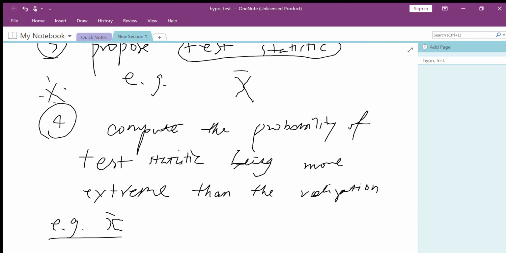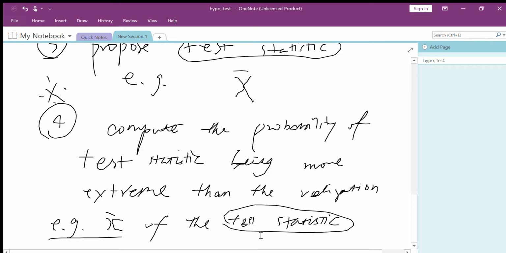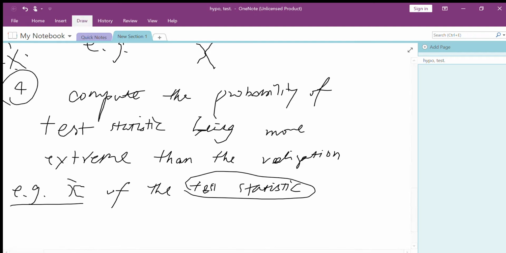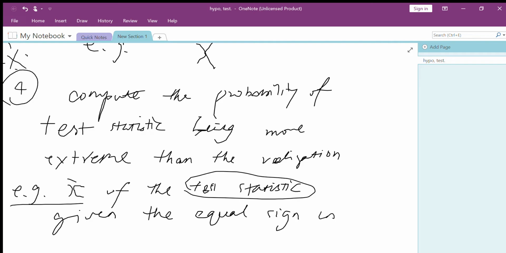So then the realization of the test statistic given the equal sign in H null. So let's see, what do I mean by this?